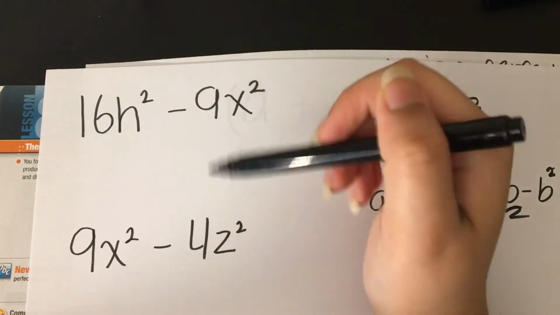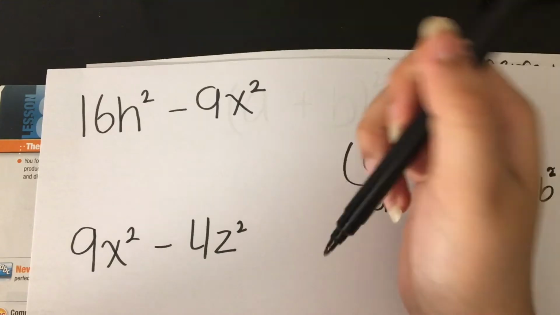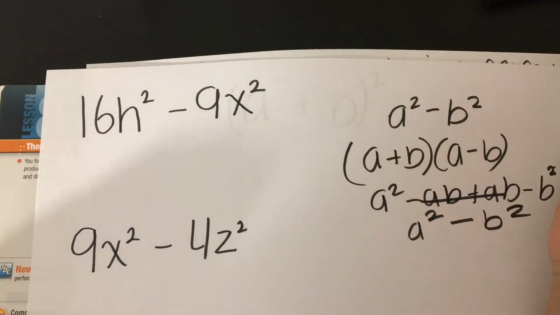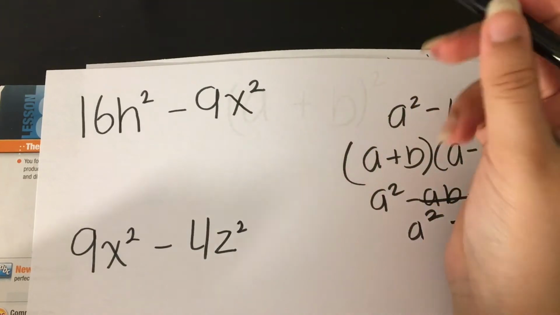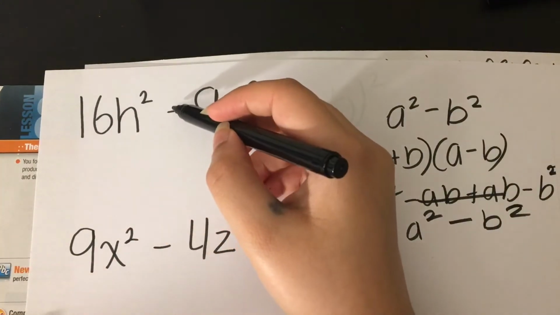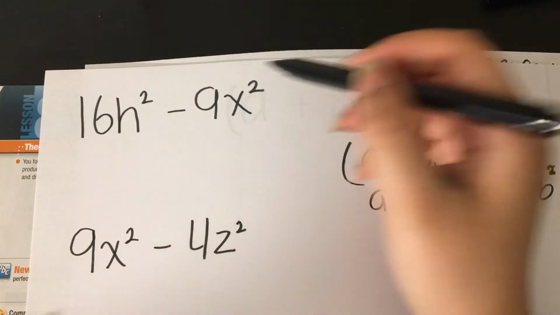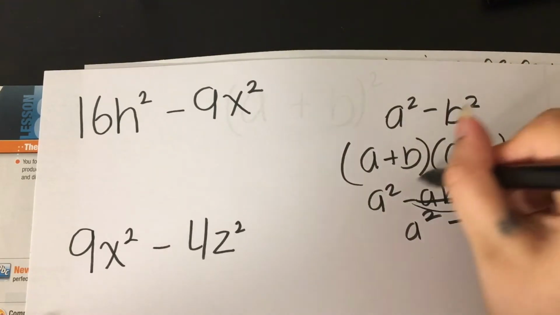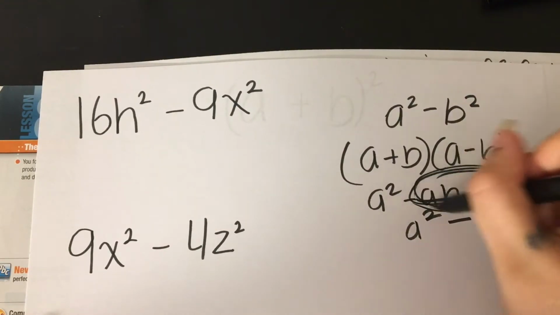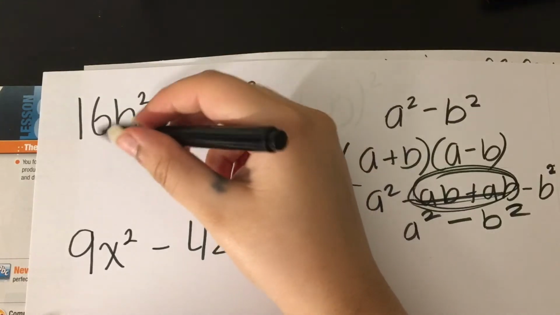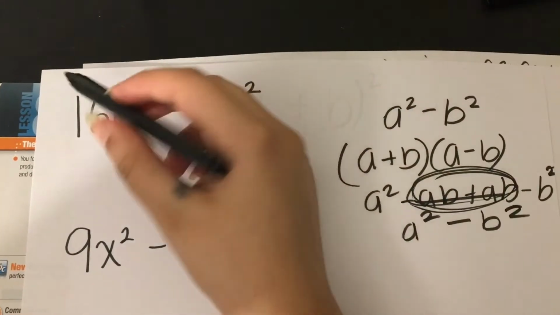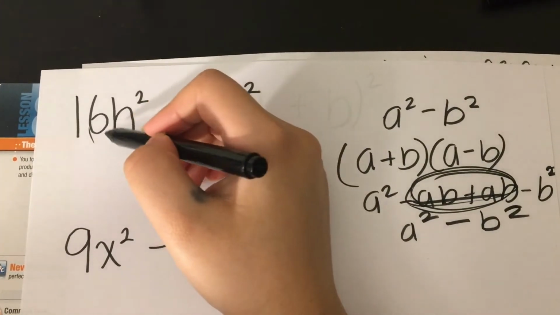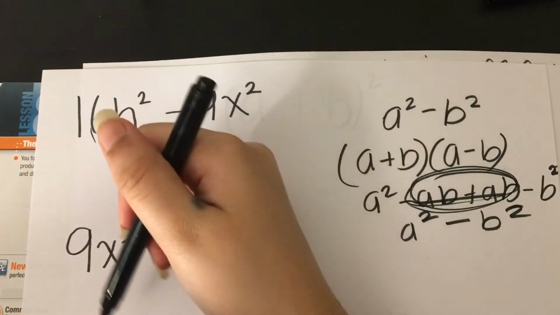16h squared minus 9x squared. We don't have any common factors per se, but they're definitely squares, right? So, in order to make sure that the middle part cancels out, what's the square root of 16h squared?